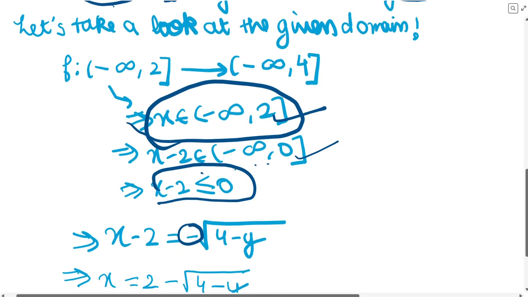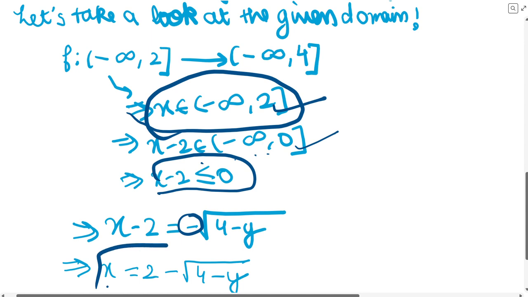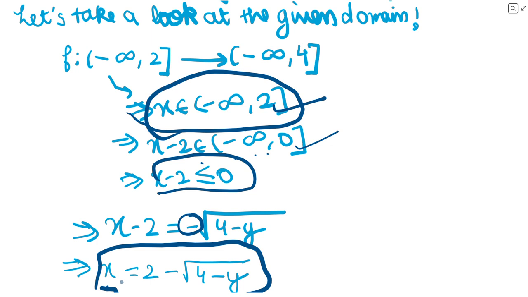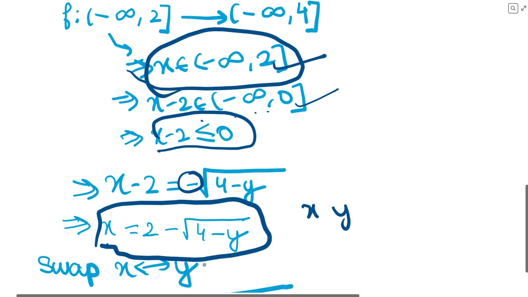Now what's the next step? We have found x in terms of y. What was our initial motive? It was to separate x from y and write x in terms of y. After that we'll swap x and y.